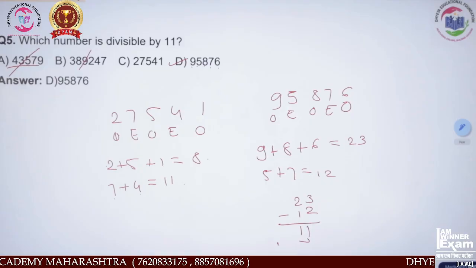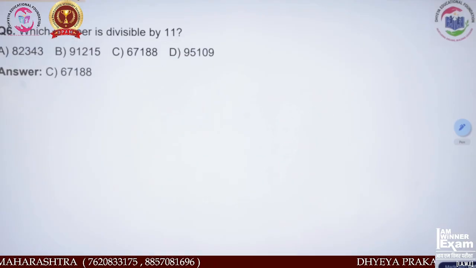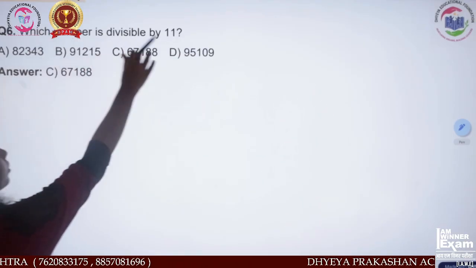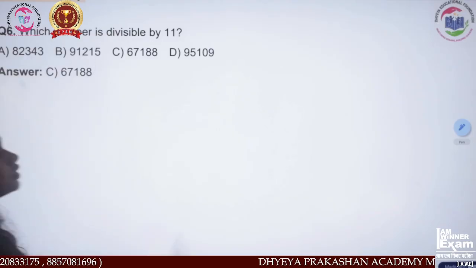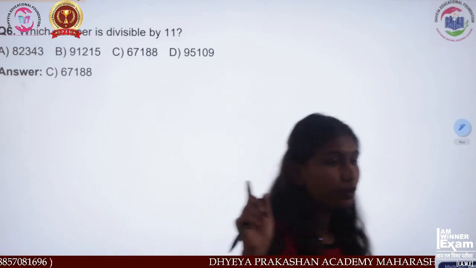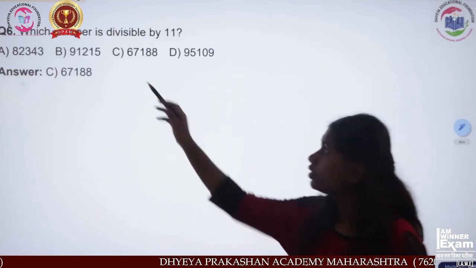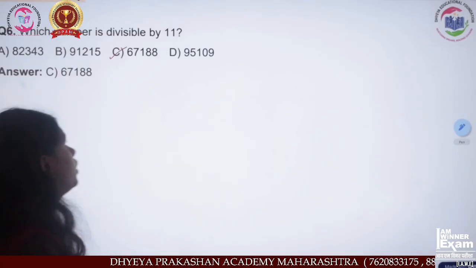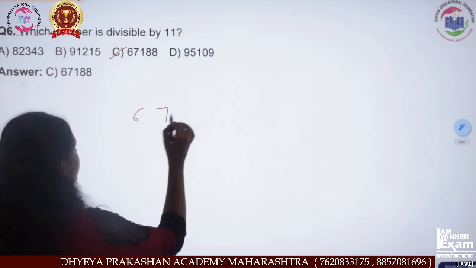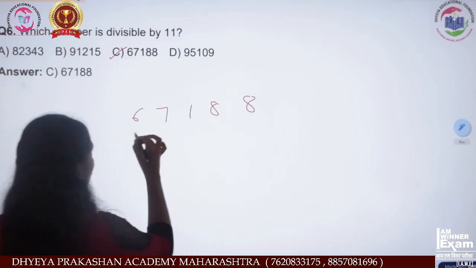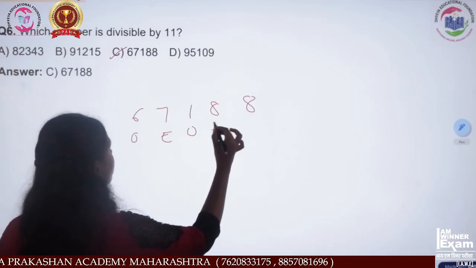Okay, then next, which number is divisible by 11? Now you have to apply the same formula for this also, and you will get the number as this one. Okay, let's take this, 6 7 1 8 8. Now odd, even, odd.